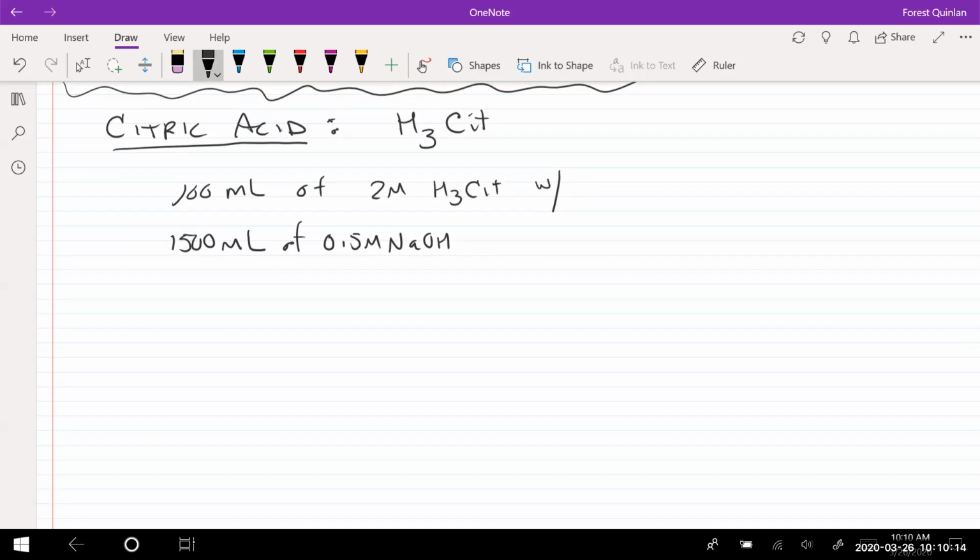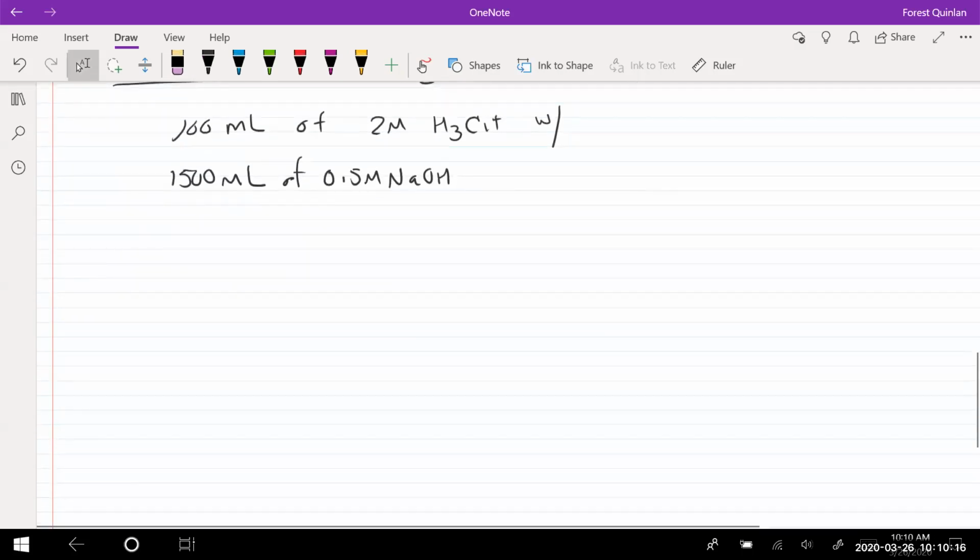Okay. We should also note our equations here. We have H3-CIT going back and forth to make H plus and H2-CIT minus.